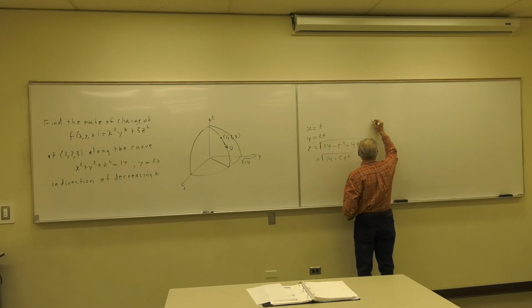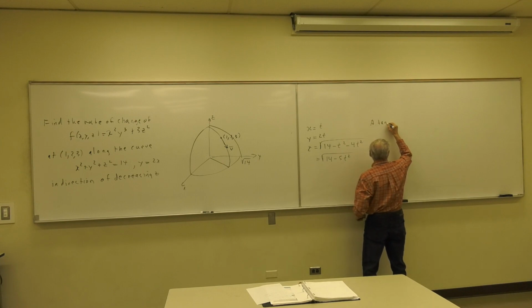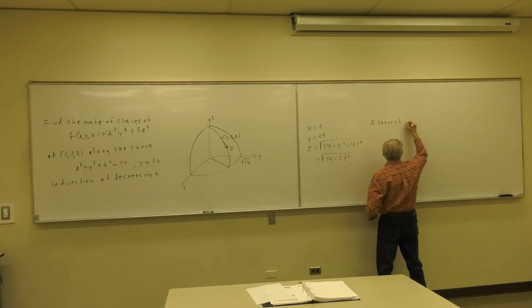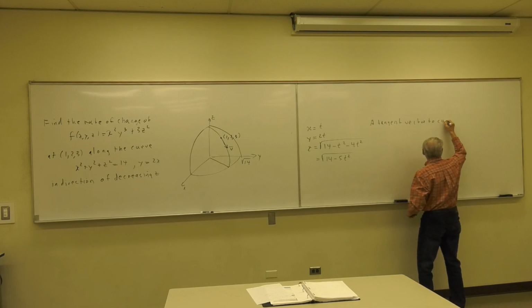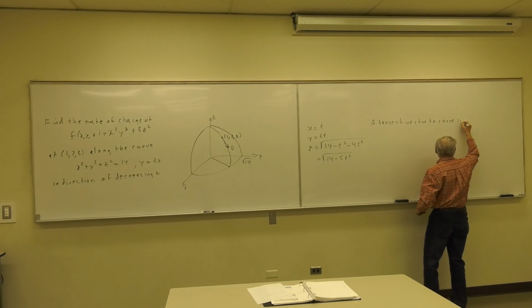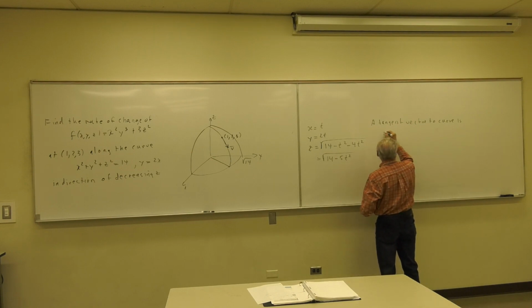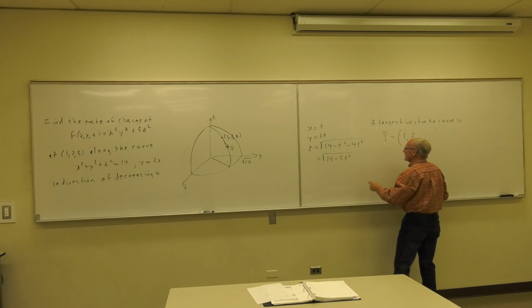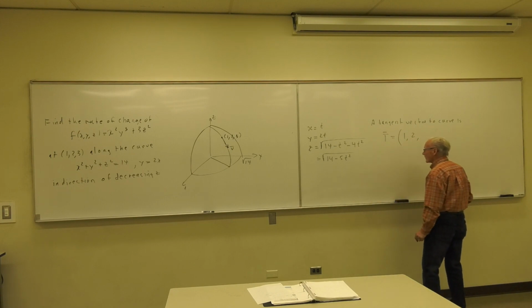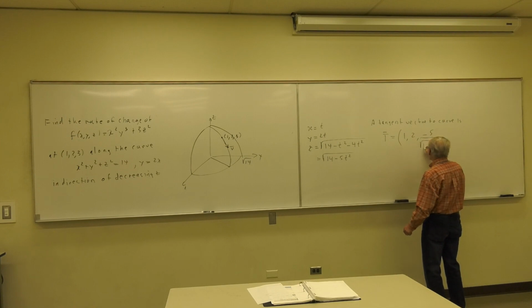And that's what we can see. A tangent vector to the curve is, call it T, we get it by doing dx/dt, dy/dt, and dz/dt. dx/dt is 1, dy/dt is 2, dz/dt is a little more difficult, about minus 5t over the square root of 14 minus 5t squared.